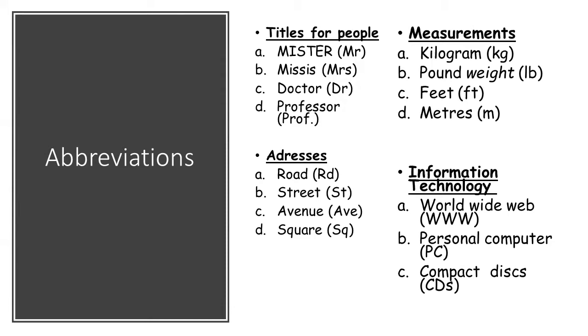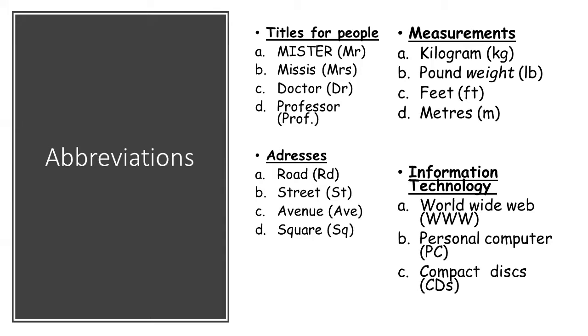So match the titles to their abbreviations that are solved here in this picture. Mr., the abbreviation of Mr. is MR, that is in the bracket. Mrs., the abbreviation is MRS. Doctor, DR. Professor, Prof.